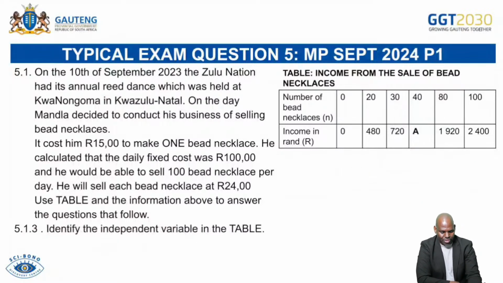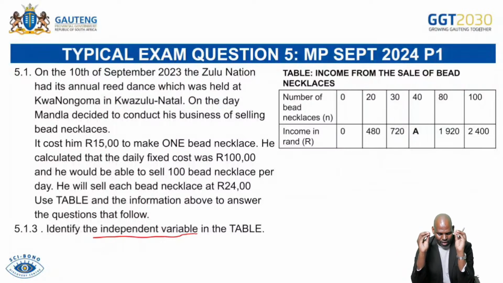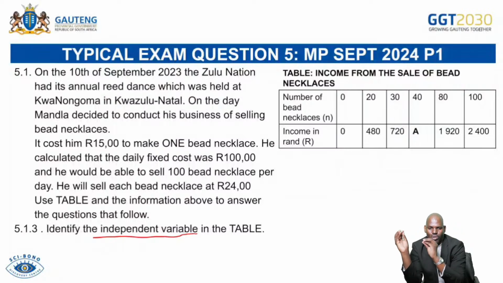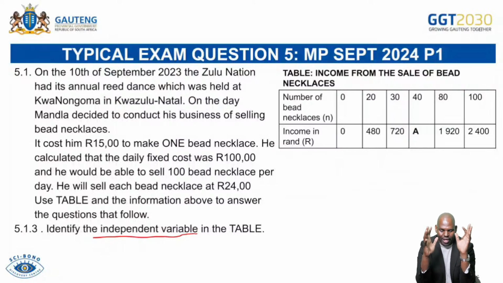Then 5.1.3, it says identify the independent variable. Now, independent variable, and we've got dependent variable. Dependent variable means that variable depends on something. In order to calculate that amount, we're going to need another value. So independent means it does not depend on the other value.